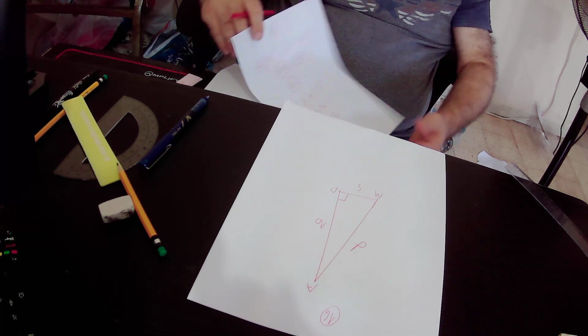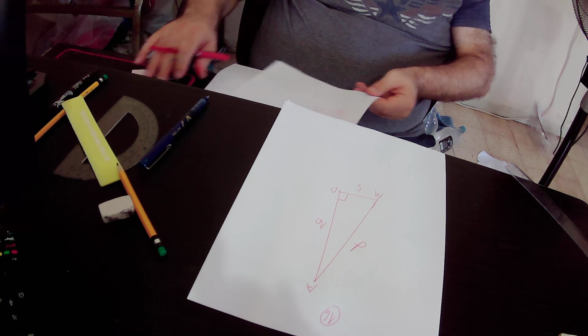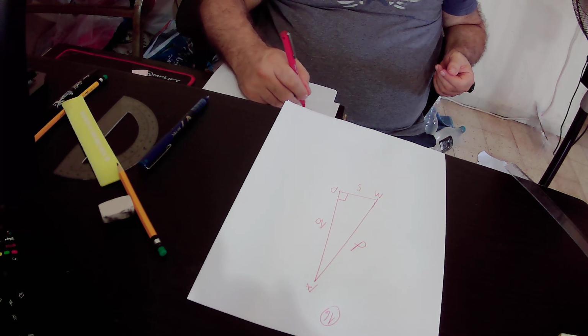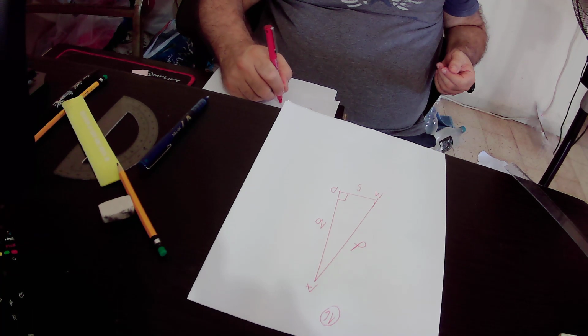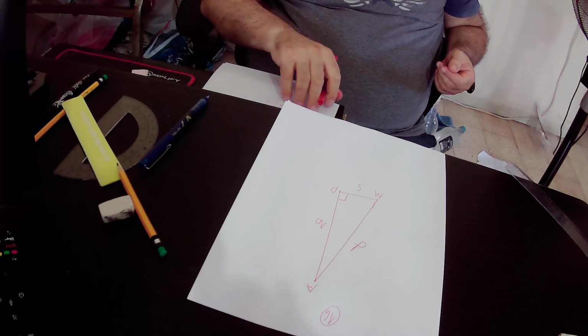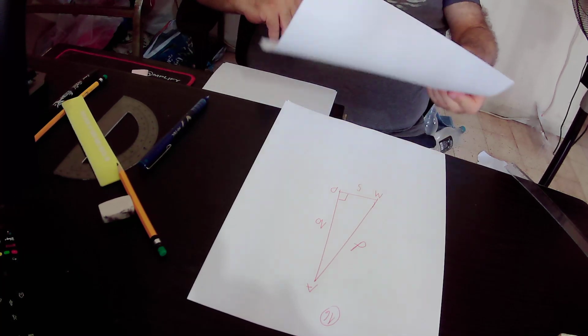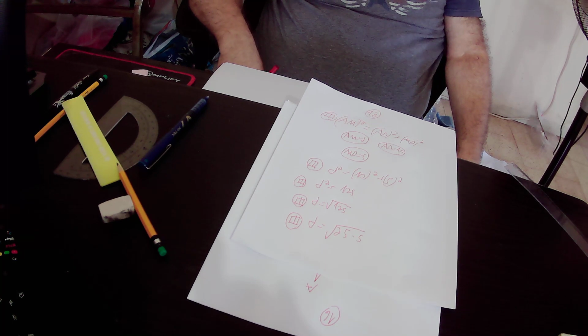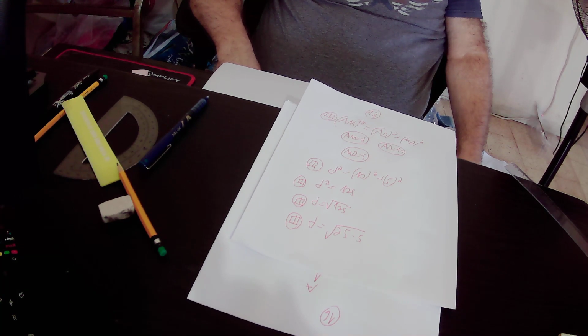I write it down. d equals root of 25 times 5. 25 times 5 equals 125. So we substituted 125 by 25 times 5.